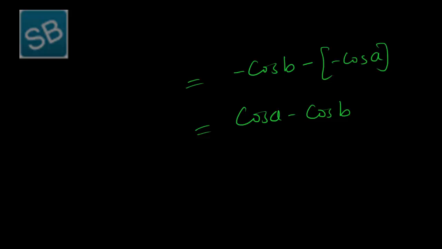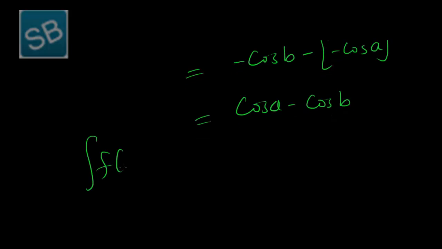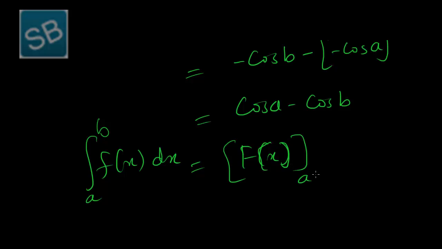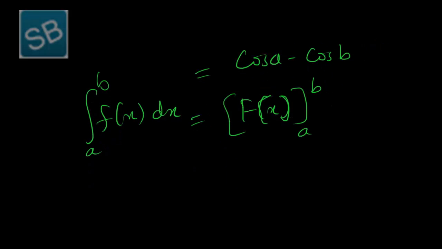So if we have integration of f x dx, a to b is equal to F of x, a to b, then we will get its value F of b minus F of a. So this is all about the definite integral as a limit of a sum.